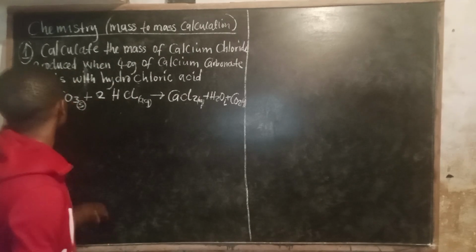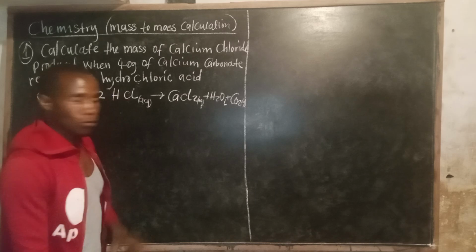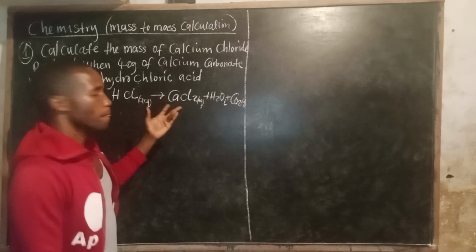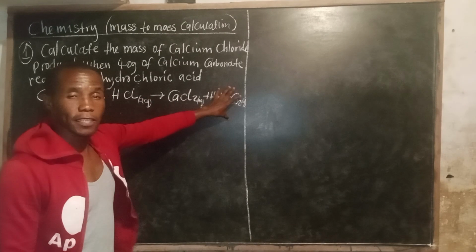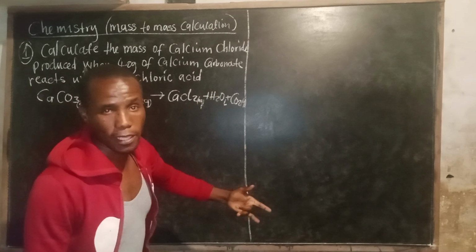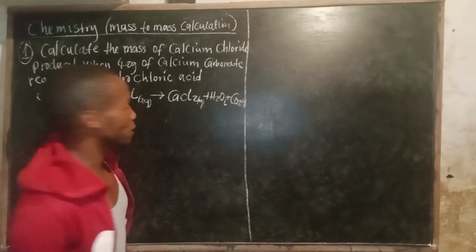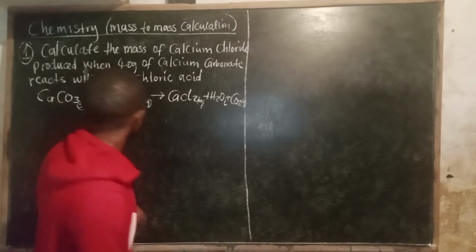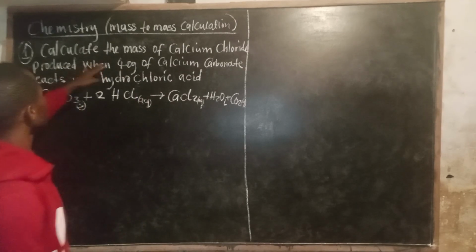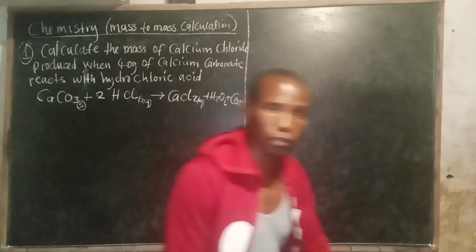So this is calcium carbonate plus hydrochloric acid is equal to... this is the reactant, this is the reactant, this is the product, as you may be aware, of the chemical equation as well as the word equation. So now, according to the question here, first of all, we need to understand what the question is all about.